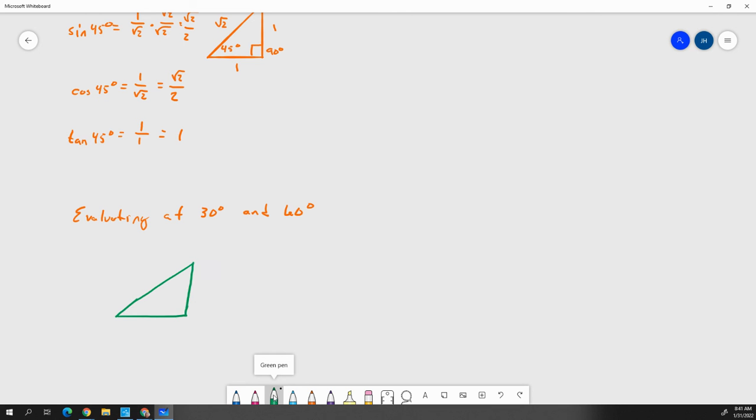This is my 90, right? So if I say this is a 60-degree angle, this would have to be a 30-degree angle. They're always going to be. If I have a 60-degree angle on a right triangle, my other angle's always going to be 30 because they have to add up to 180 degrees to make a triangle, right?